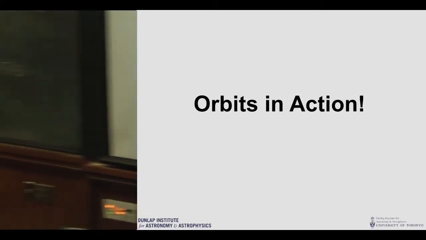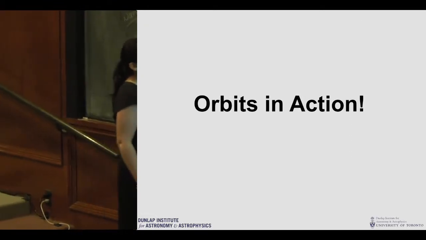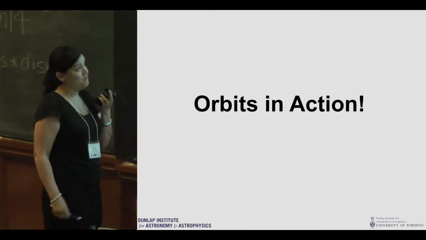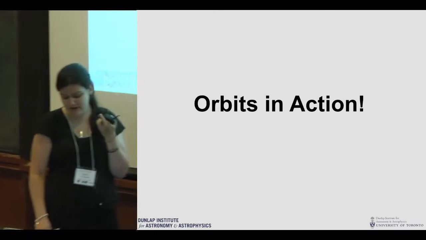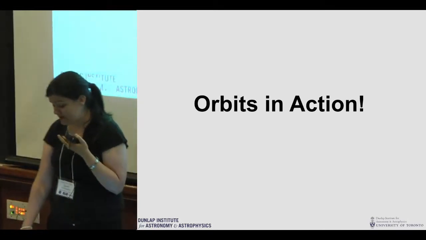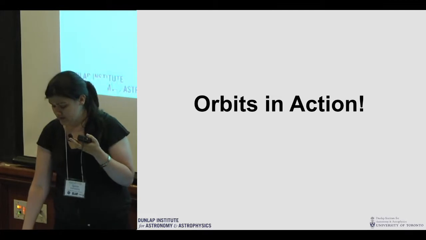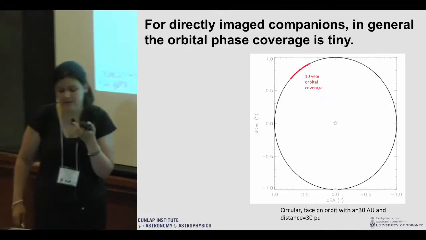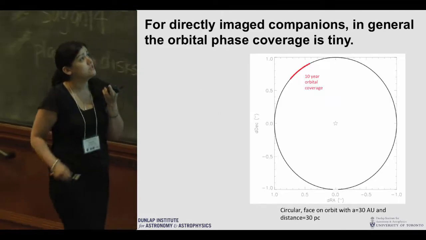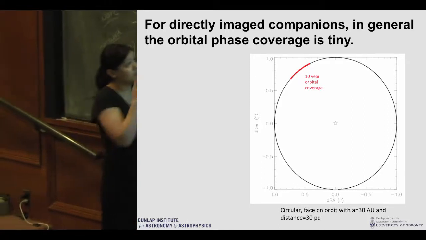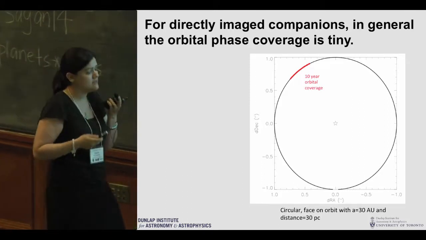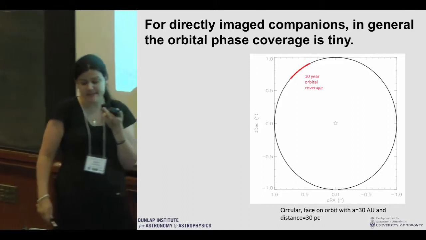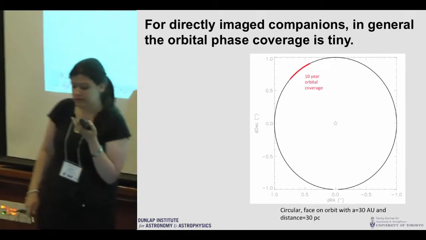So now I want to talk about orbits in action and actually show some examples from recent works about what we've been able to get out of orbits from fitting the astrometry. This has been mentioned before, and Laurent mentioned this too, but it's important to remember that directly imaged companions generally are very widely separated, so they're on very long period orbits.